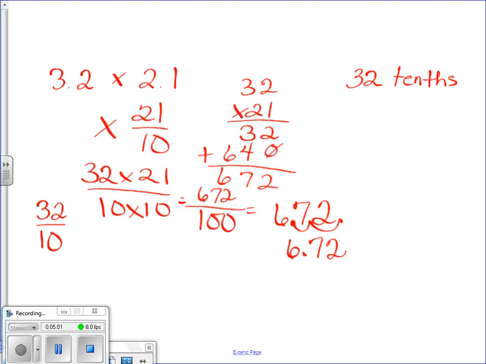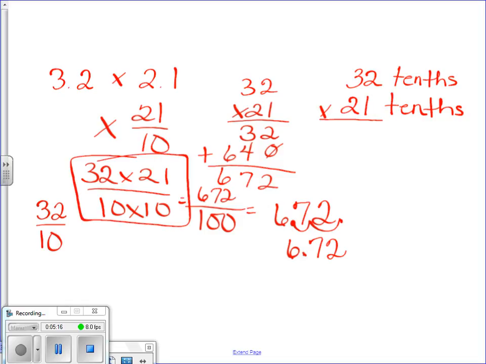But I'm just going to show it to you because you're going to see it. So they've got 32 tenths times 21 tenths. I mean, I get it, I just don't like it. This goes with this. It's the word form of the fractions.